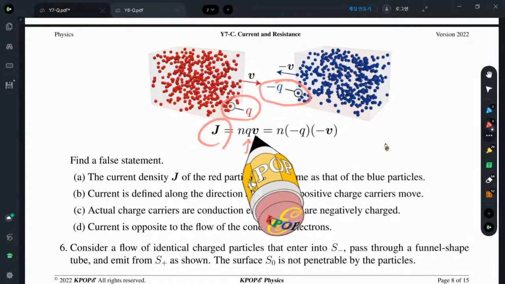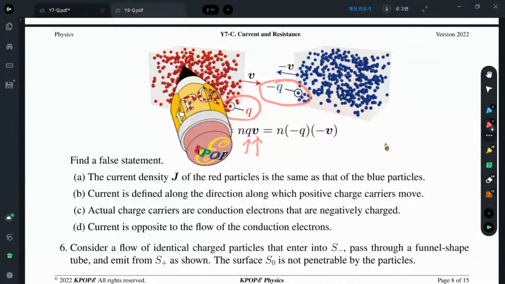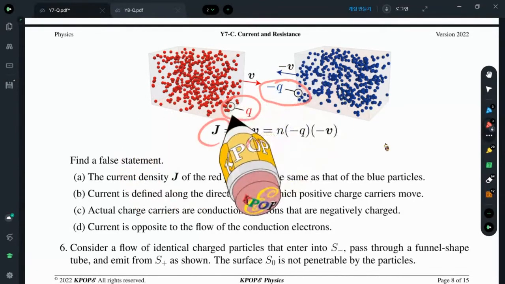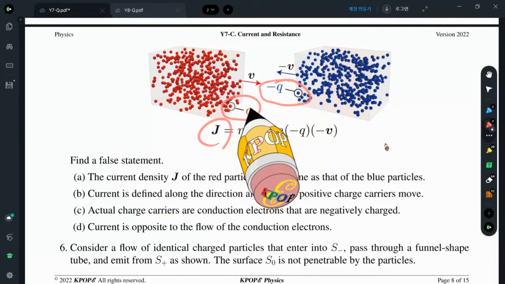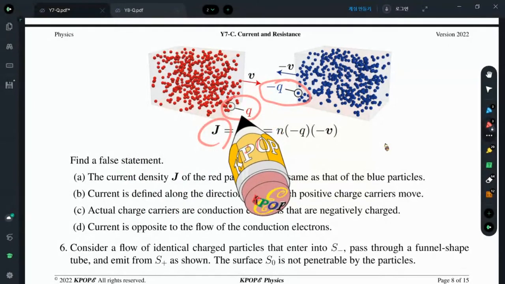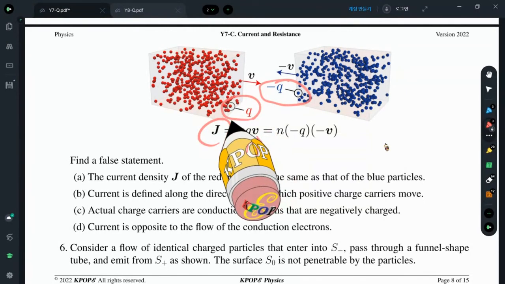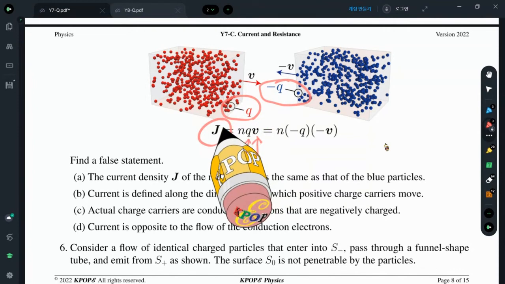So this is an example of current. Benjamin Franklin defined the charge sign to be positive. However, the current flow is not due mainly to that. In some cases, a positive charge can move.